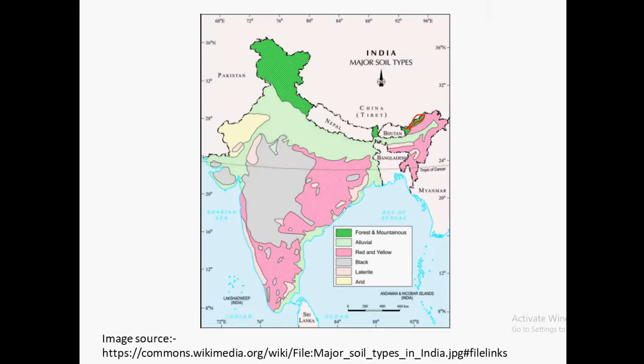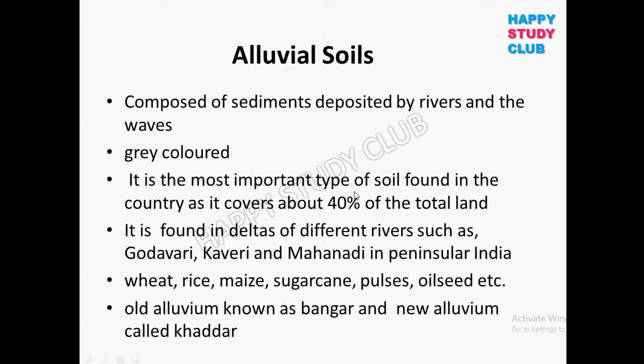As we discussed earlier, alluvial soils are found in the states of Punjab, Haryana, Delhi, UP, Bihar, Assam, Gujarat, MP, Tamil Nadu, Odisha, Andhra Pradesh. These are the regions where alluvial soils are found, and these soils are the most fertile type of soil.